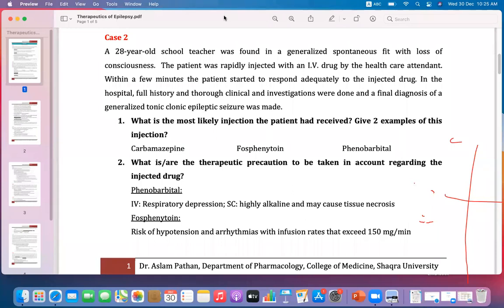An alternative drug available is phenobarbital. If the patient has a documented hypersensitivity or contraindications, then we can use phenobarbital.